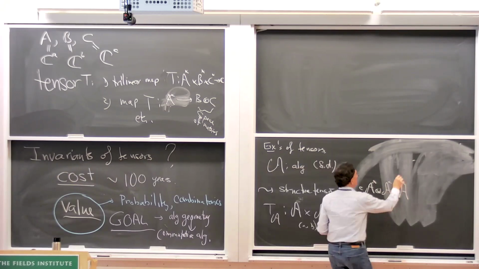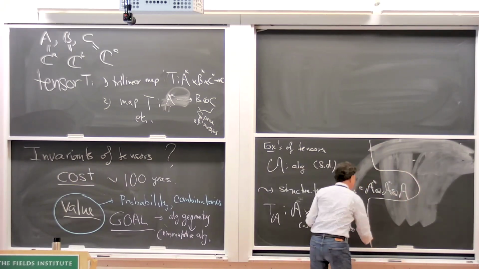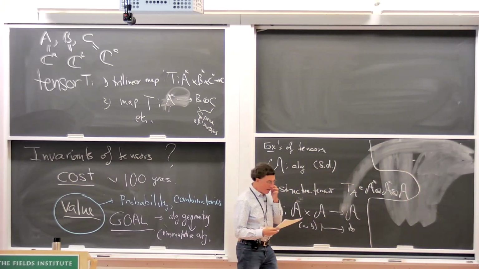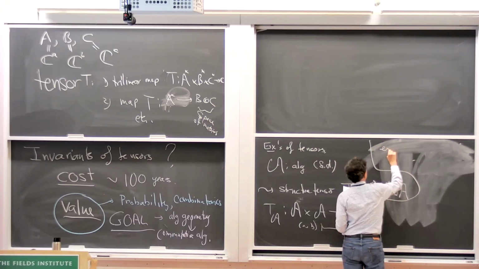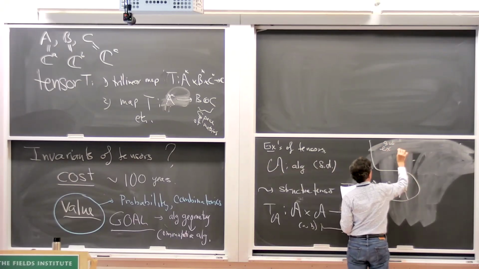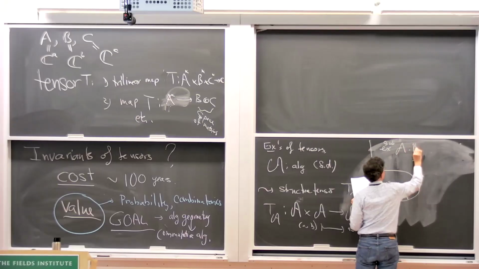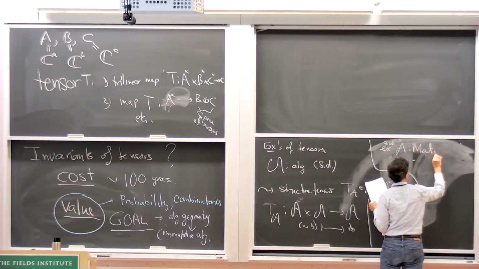So there's one algebra we learned about before we knew what an algebra was. A is just the space of n by n matrices.